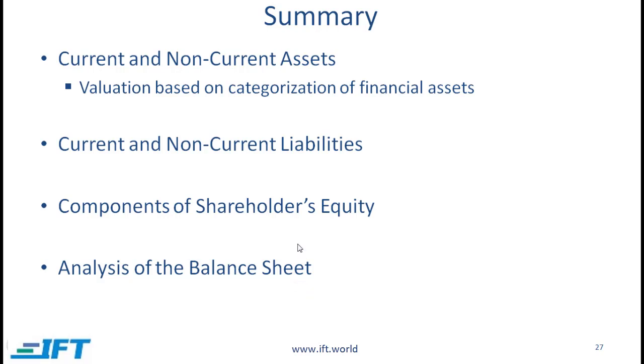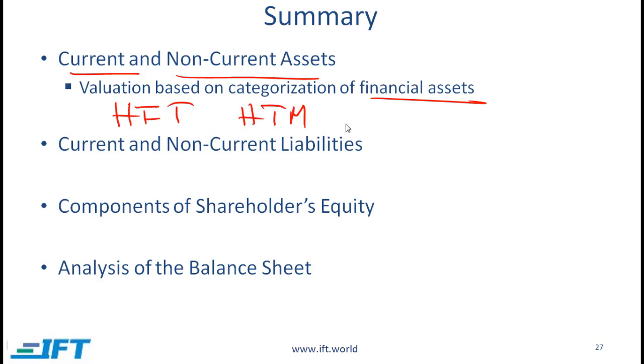So that brings us to the end of this reading. A brief summary. You need to understand the major current and non-current assets. One of the most important items to understand is the categorization of financial assets, the held for trading, held to maturity, and AFS. You need to understand that unrealized gains are shown on the income statement across the board.